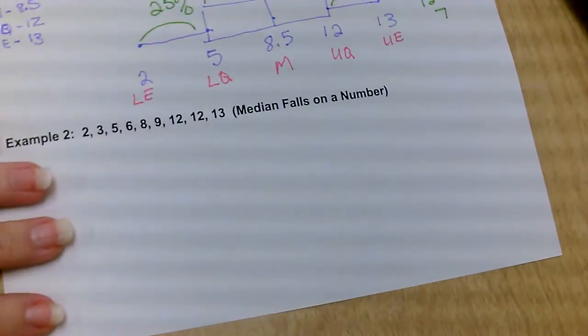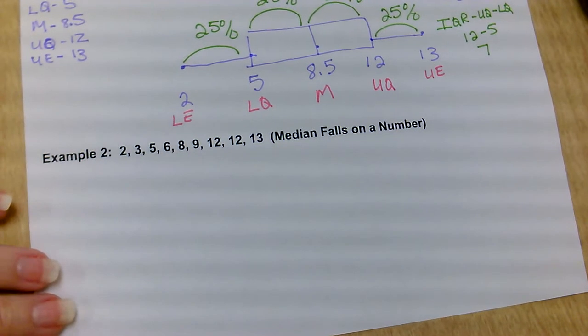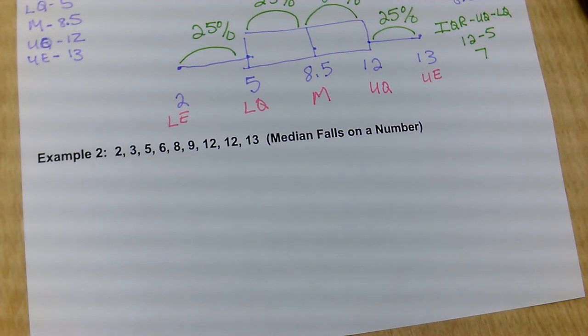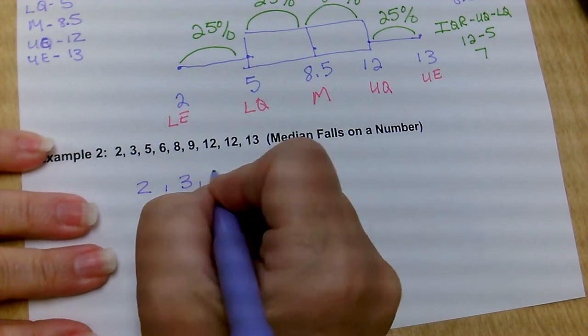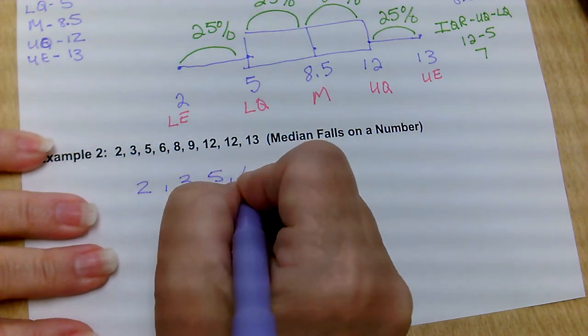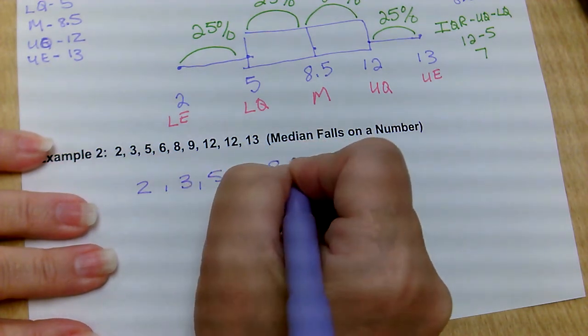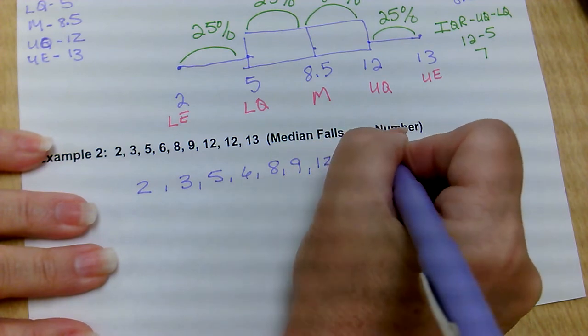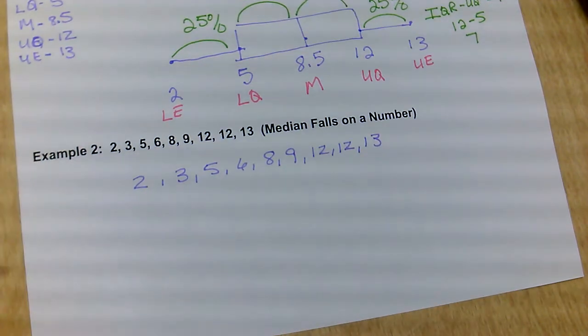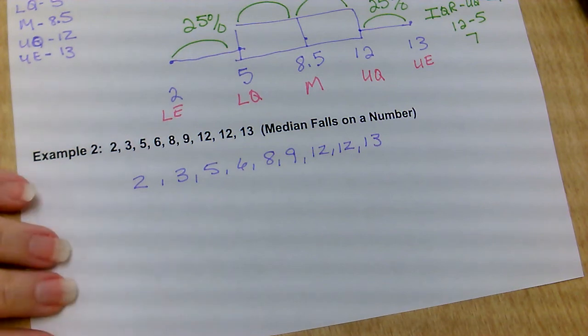Now we have a median that falls on a number. This is the same set of numbers minus one 9. So we've got 2, 3, 5, 6, 8, 9, 12, 12, and 13. They're already in order, but remember, you have to put them in order from least to greatest.